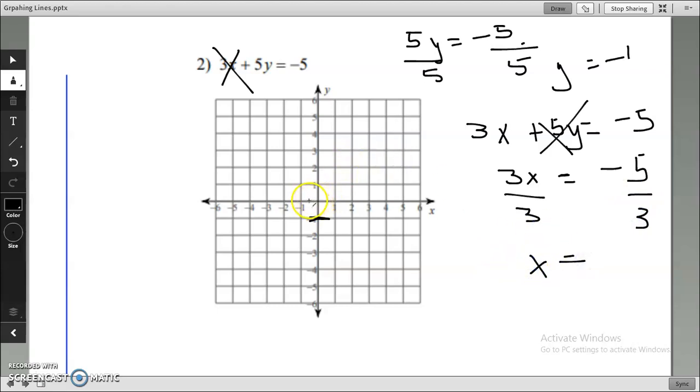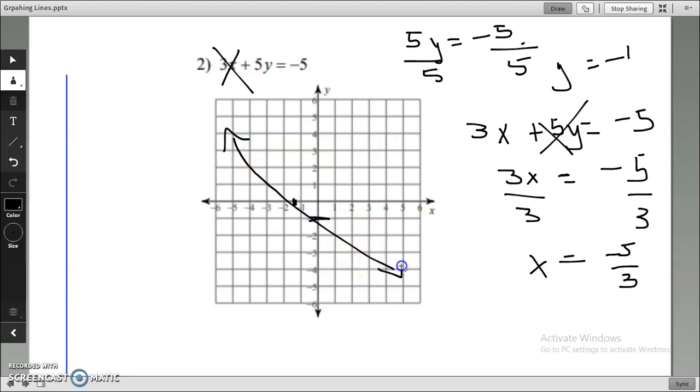And so that is right here. Oh, actually, no, I'm sorry. 5/3 is actually greater than 1. So it's a little bit more right here instead. And it's negative. Not right here. I don't know why. I'm sorry. And so the line looks something like that.